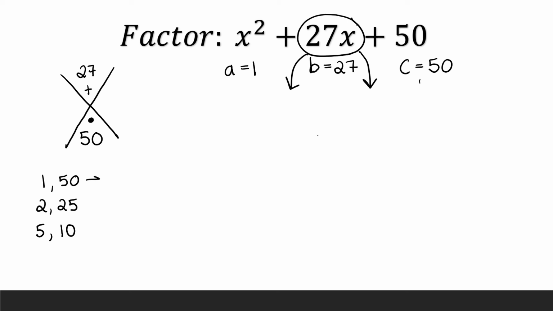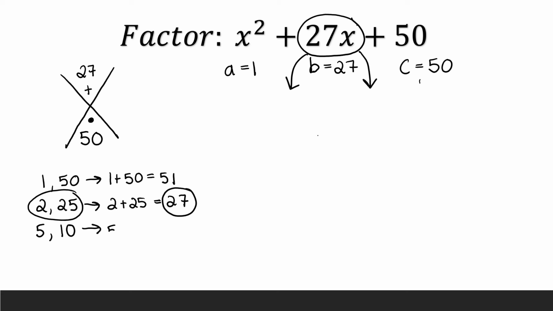Now we'll find the sum of each of these. 1 plus 50 is equal to 51. That's not what we want. 2 plus 25 is equal to 27. So this is probably what we want. But let's just double check that 5 plus 10. Nope, that's equal to 15. That's not what we need.